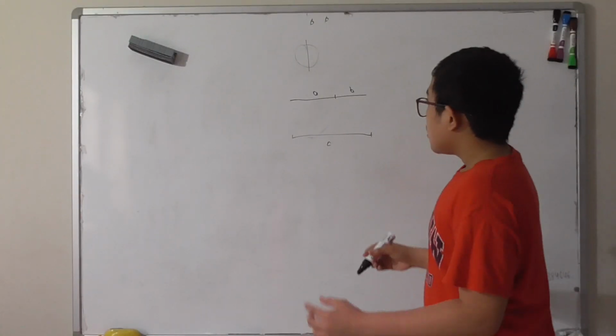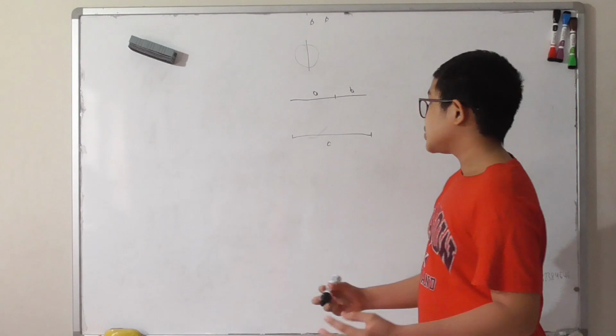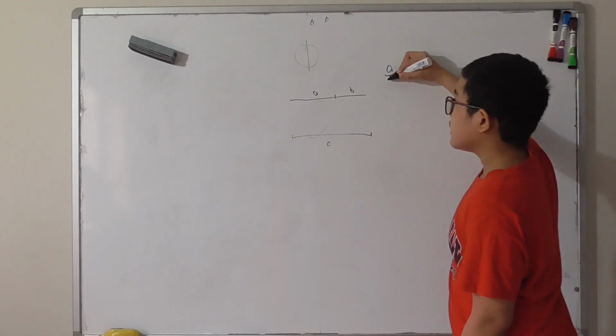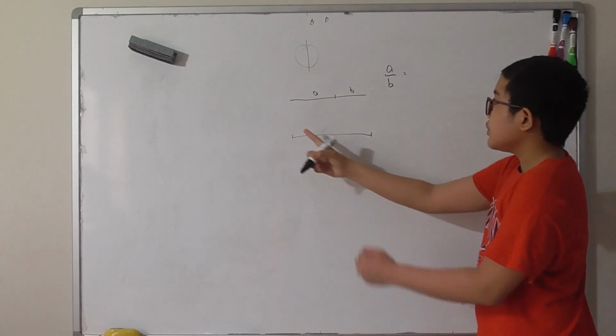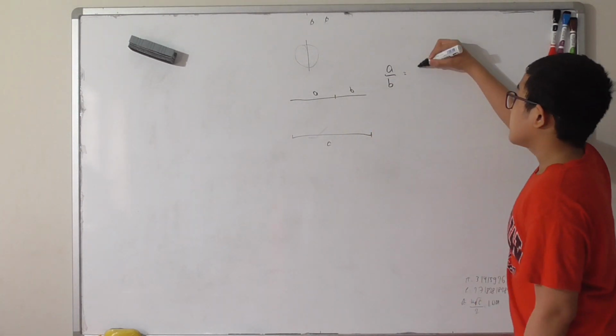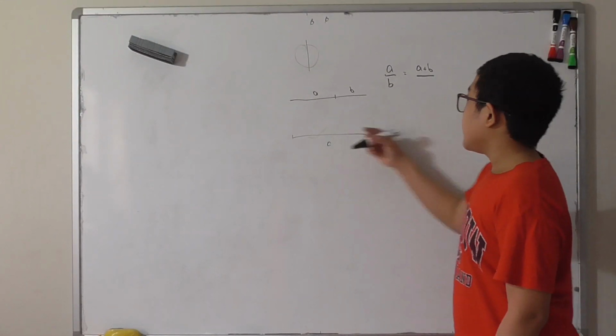We have to subdivide it in a certain way such that the ratio A over B is equal to the total, C, which we can write as A plus B, divided by the larger one, A.